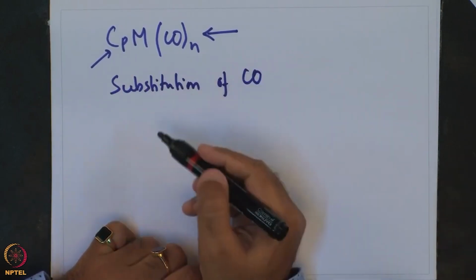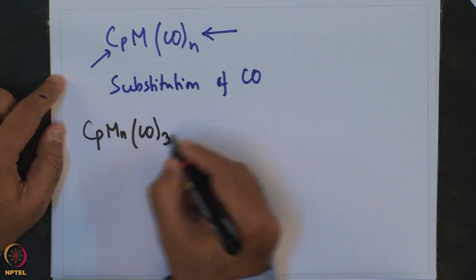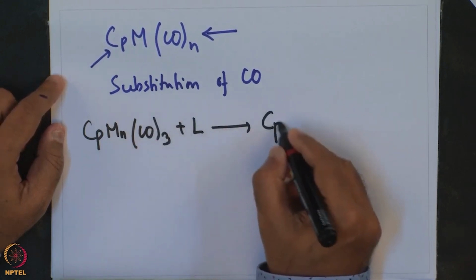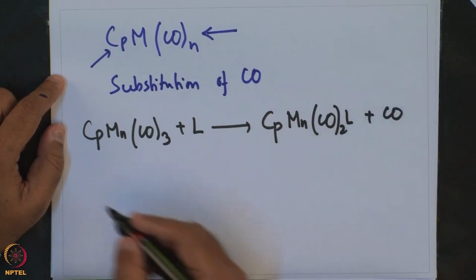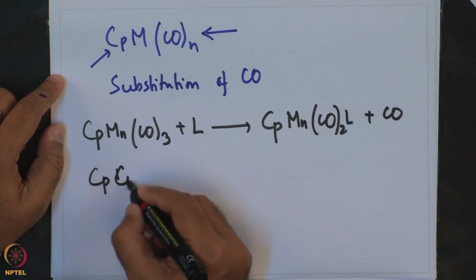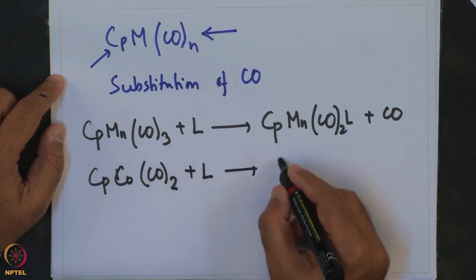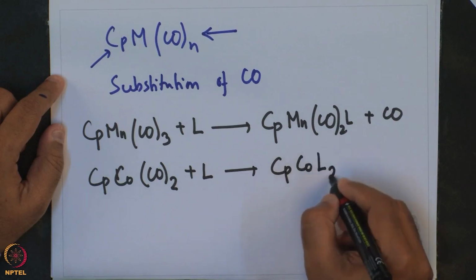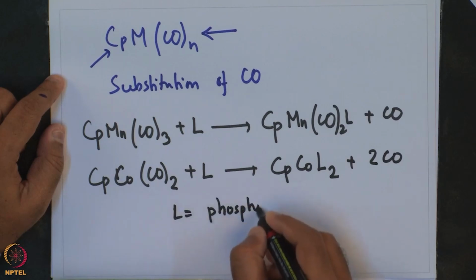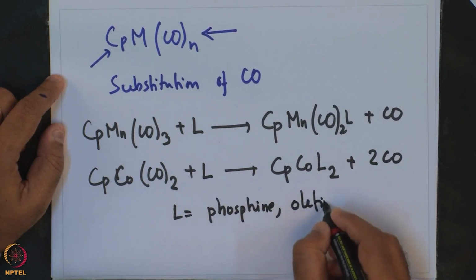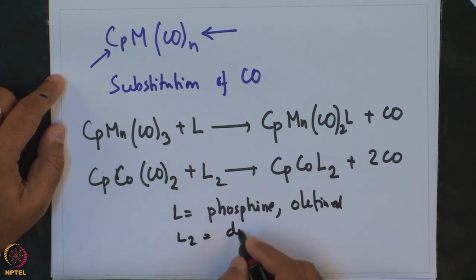This is illustrated by this example of manganese, CpMn(CO)3 reacting with L, giving CpMn(CO)2L plus CO. Similarly, CpCo(CO)2 reacting with L, giving CpCoL2 plus 2 CO. L can be phosphine, olefin, and L2 can be diolefin.